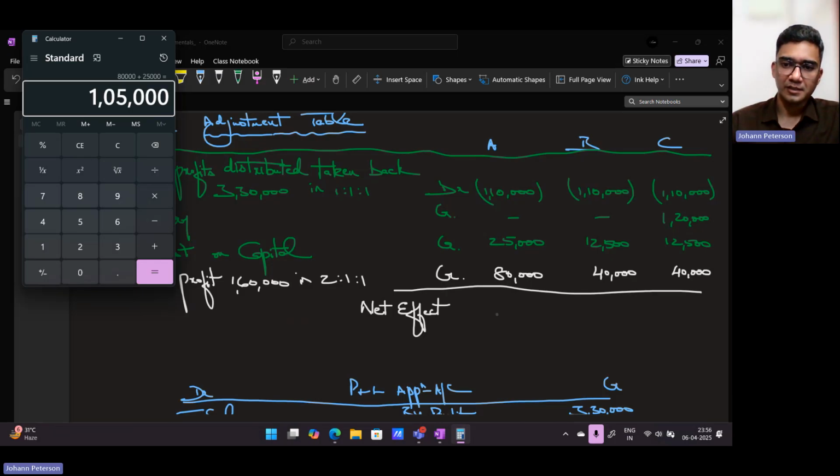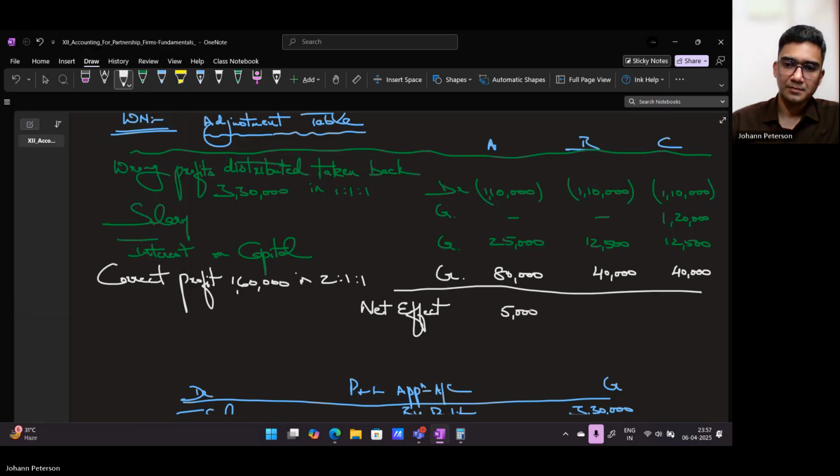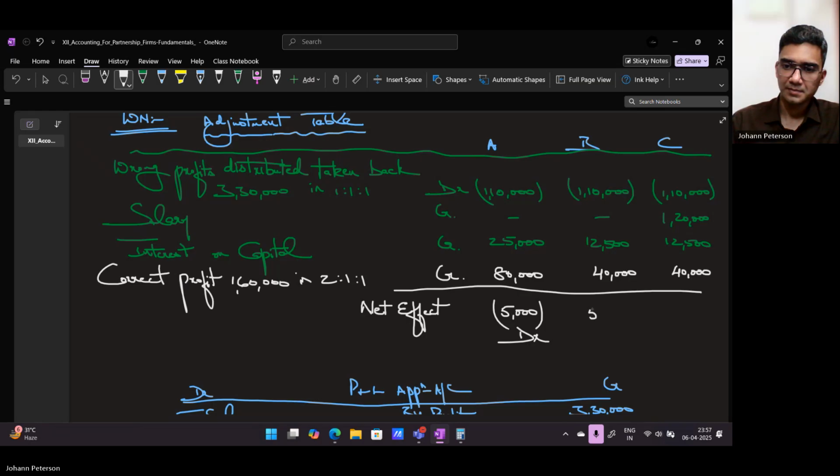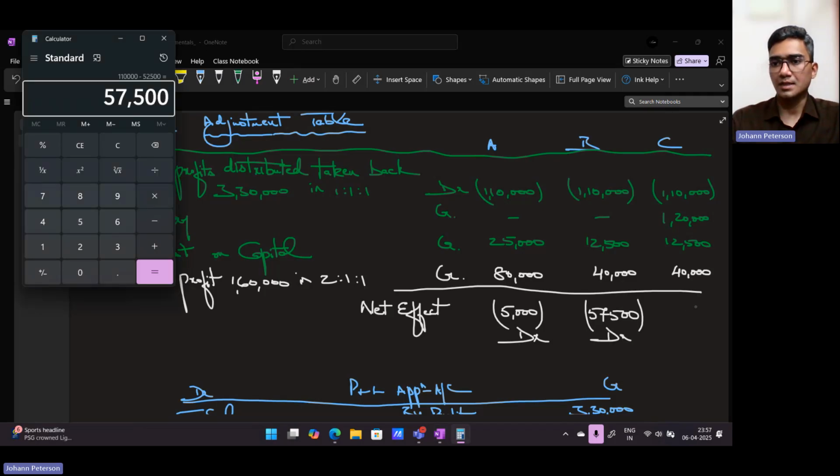That is minus 5, which is a debit. This will be 52,500. So 1,10,000 minus 52,500, which is 57,500. This will be a negative amount, so debit.